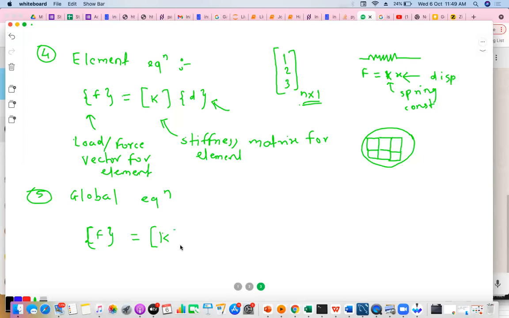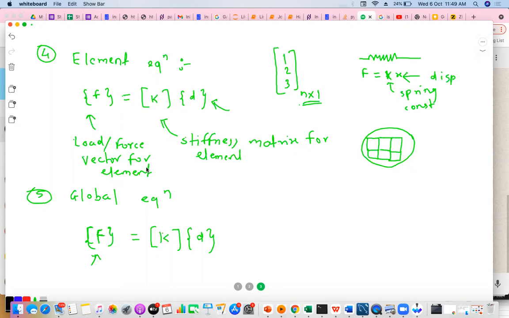Here I am assembling the stiffness matrices together, the force vectors together, and the displacement vectors together. It is the same equation, just assembled together.